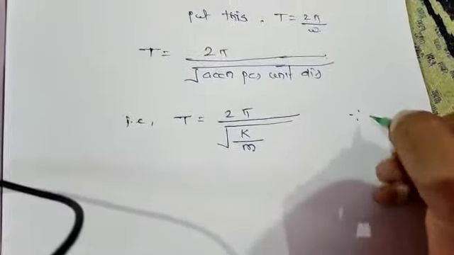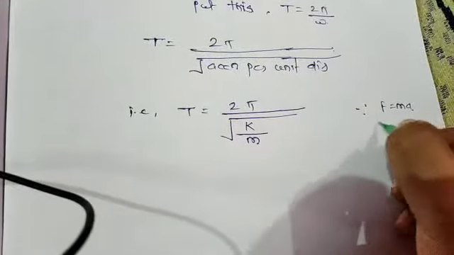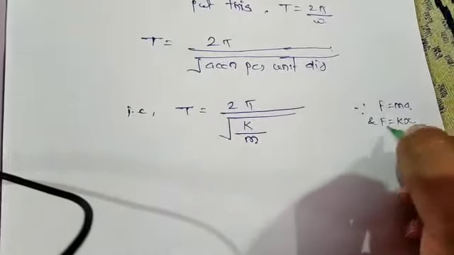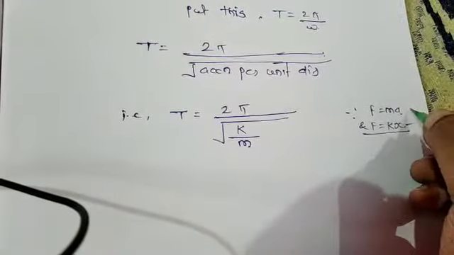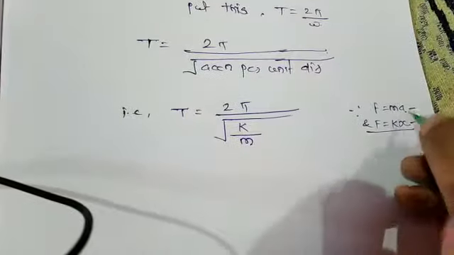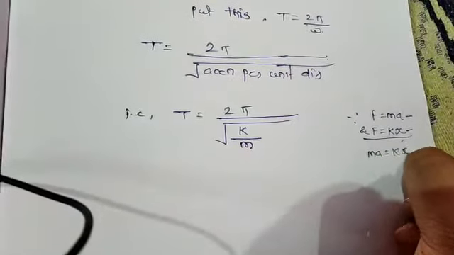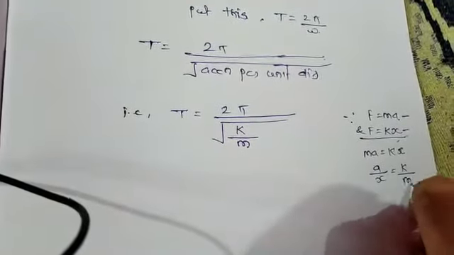The reason is, as F is equal to ma by Newton's second law, and F is equal to kx by the definition of SHM, we can write by these two equations ma is equal to kx, that is a by x is equal to k by m.